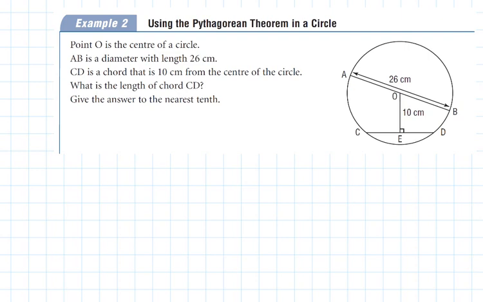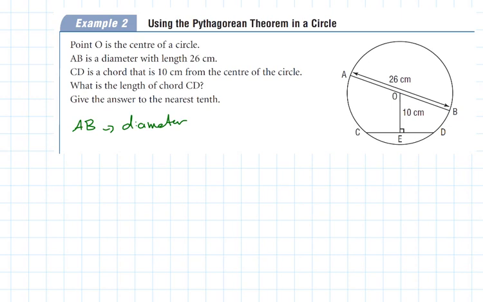So AB, it's a chord really, but it has a special kind. What special kind is the diameter, right? So that's the diameter, and it's 26.